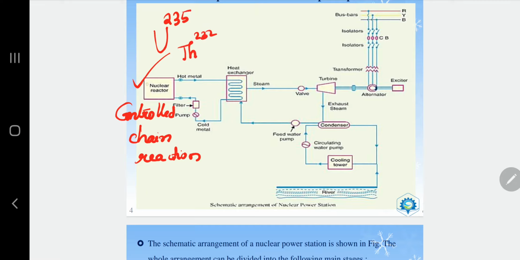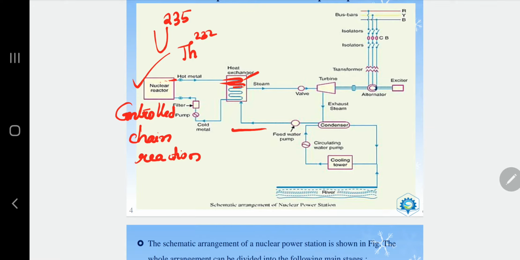Now after this nuclear fission, surely the byproduct is heat, and this is used to heat a metal, and this metal is given towards a heat exchanger. The heat energy of the metal is converted into steam by heating up the water inside this heat exchanger.